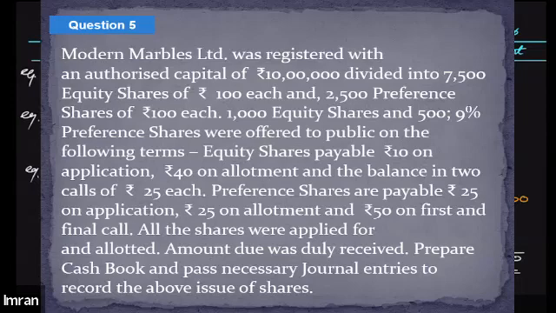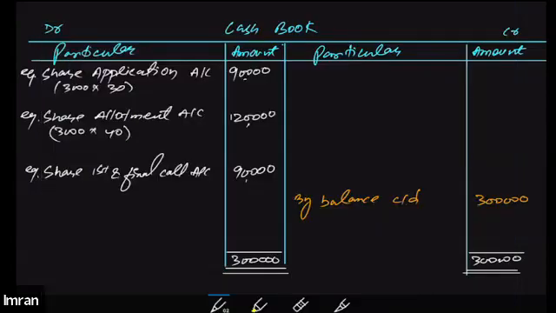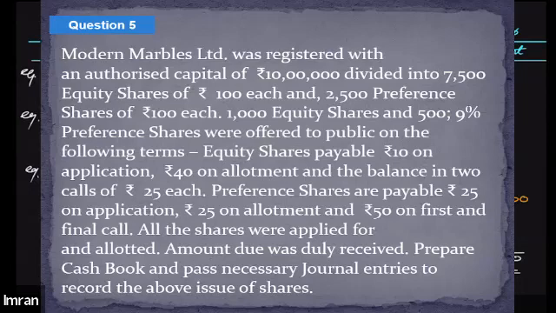Okay, so let me just simplify this question for you. What is this question actually telling us to do? First of all, this question says that the total authorized share capital of Modern Marbles Limited is 10 lakh. 7,500 equity shares are there, having the value of 100 each, and 2,500 preference shares.